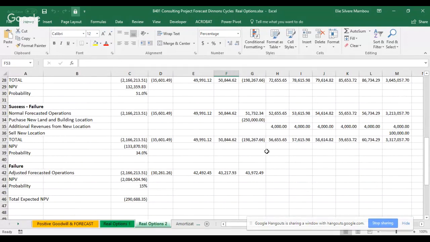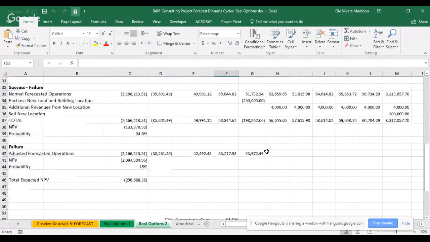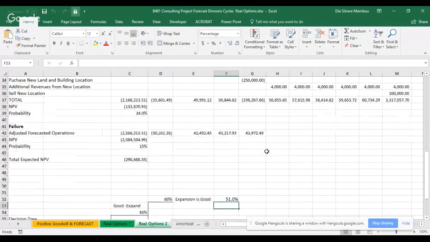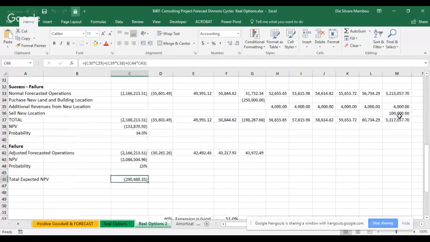And then with failure, the net present value is also negative, at 2,084,504, and there's a 15% chance of that. So the total expected net present value will be a negative 290,688.35.